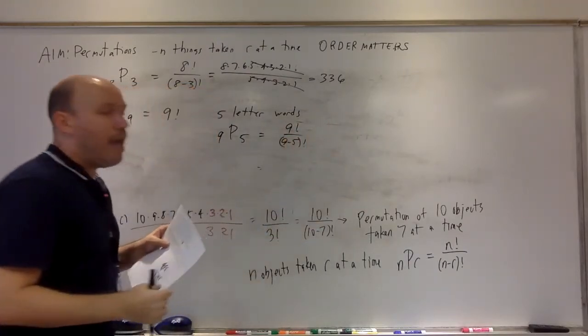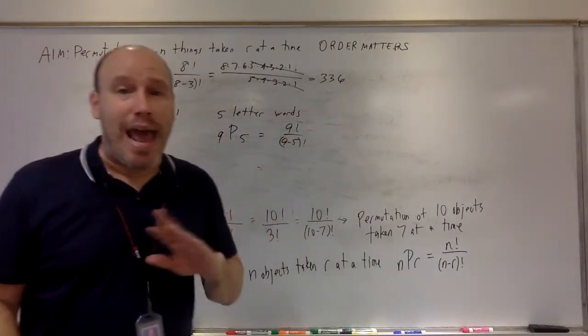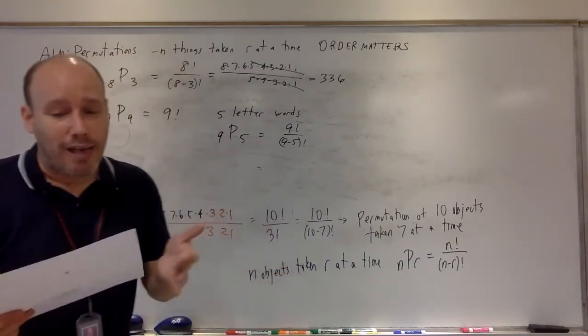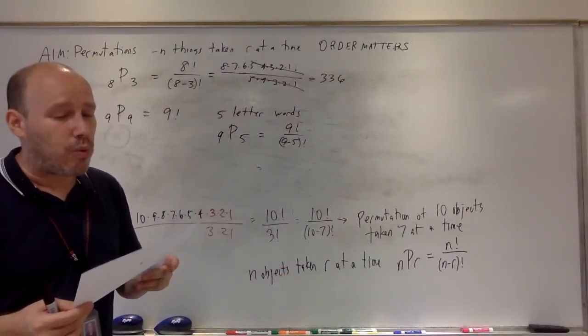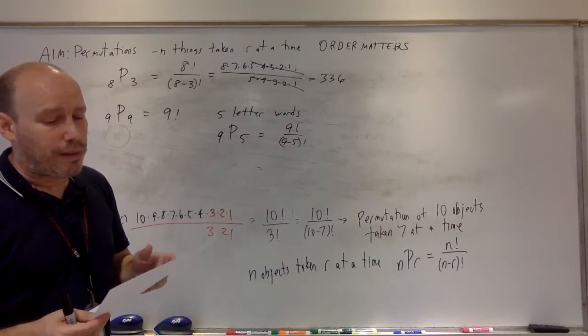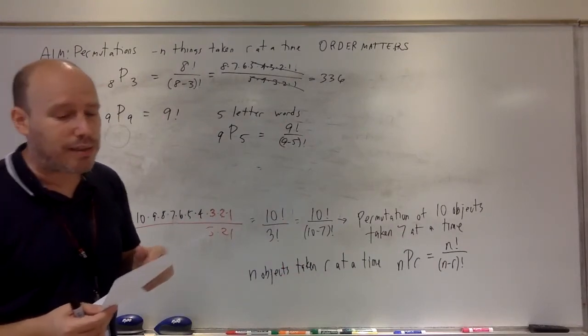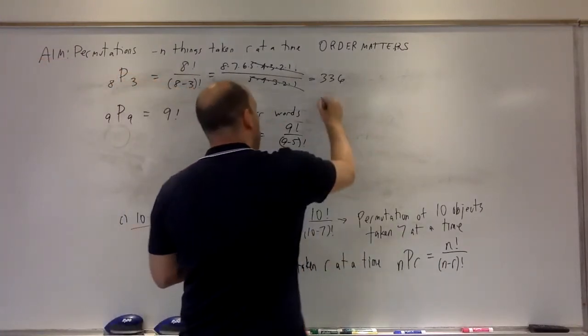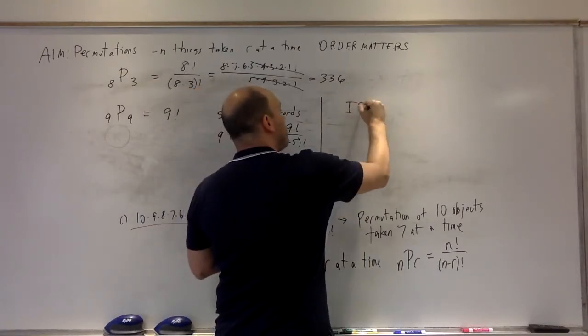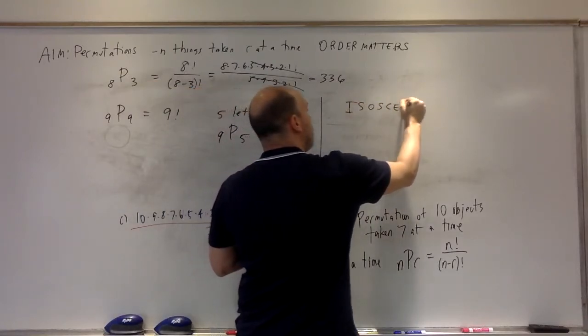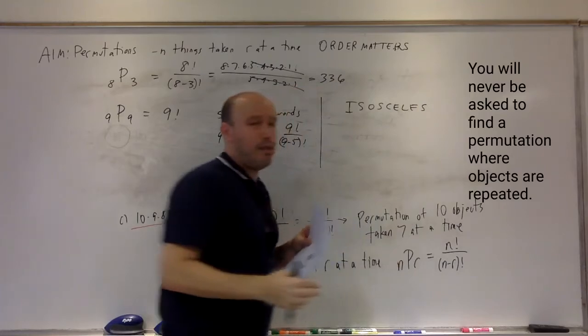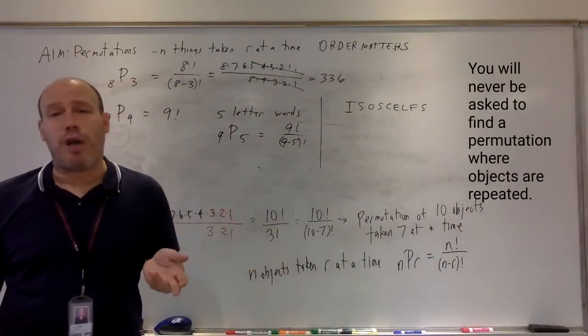Use the GDC. Now, something that's a little advanced and they don't ask it anymore is the last question, which is how many 9-letter words can be formed by the letters from the word isosceles? So what's going on with isosceles? Well, an isosceles triangle is a triangle with at least 2 sides.